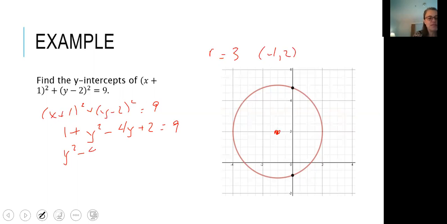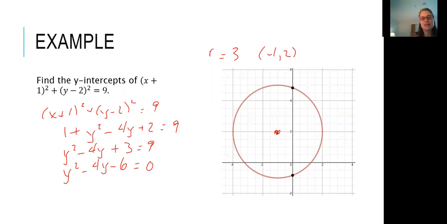We get y squared minus 4y plus 5 equals 9. This is a quadratic, so we're going to bring everything to the left-hand side and set it equal to 0, so that we can use our quadratic formula. So we get y squared minus 4y minus 4 equals 0. A quick mental check will tell you that that will not factor, so we're going to use the quadratic formula. So I'm going to put it up here: y squared minus 4y minus 4 equals 0.